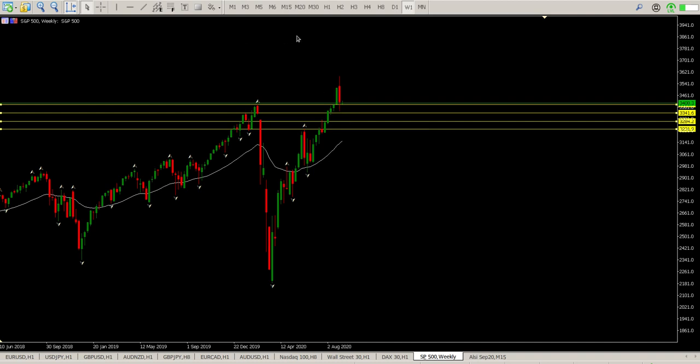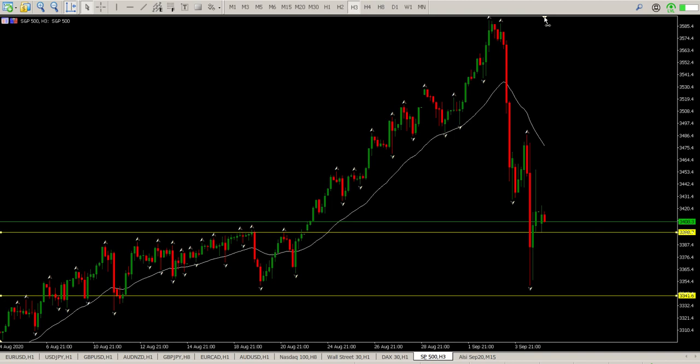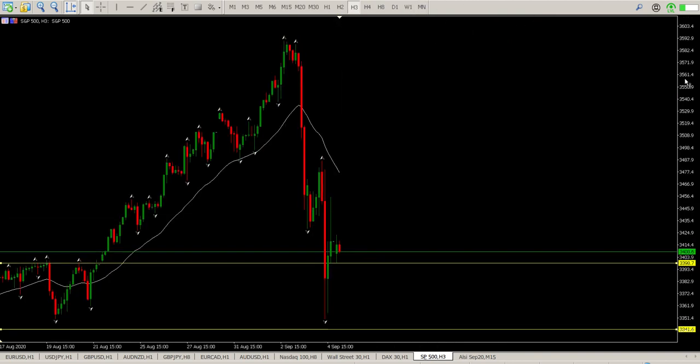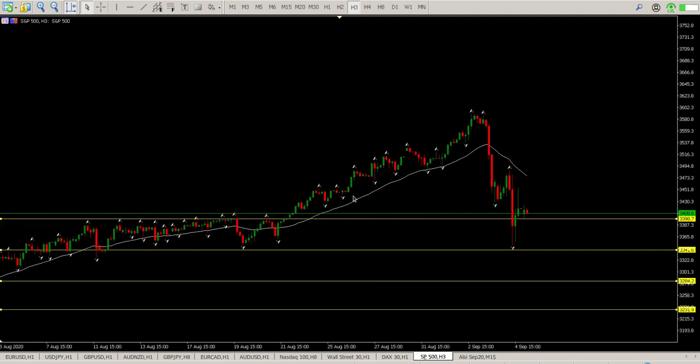So let's get down to some levels we can trade, and we'll start off with the 3 hour. If I look to the left, you can see there was support at that level, and that level is not confirmed for me. We broke below it, we broke above it, we're now flirting with it at the moment.